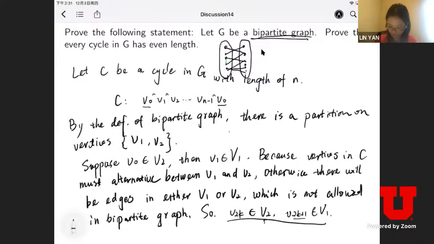Also, because V0 is in V2, Vn minus 1 is in V1, because Vn minus 1 is immediately before V0.